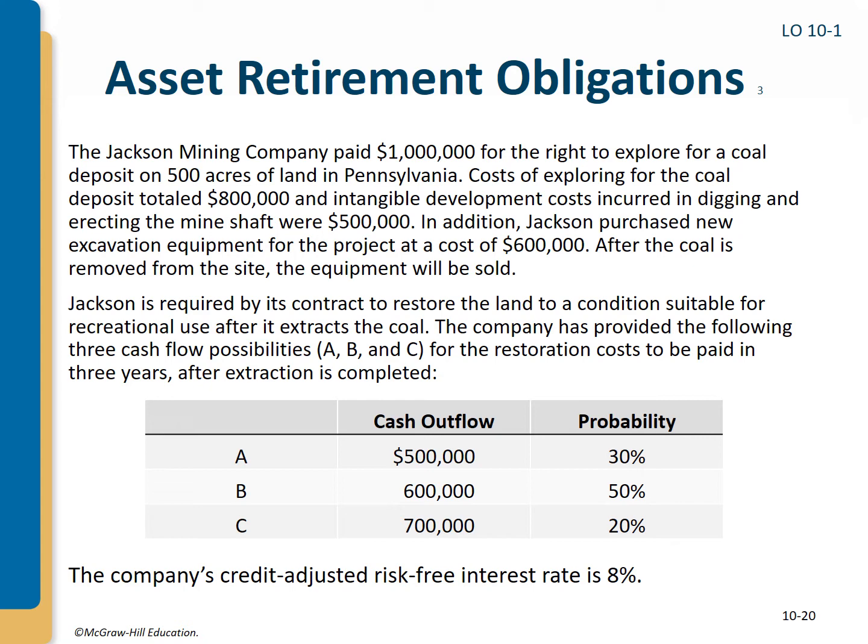The last possibility is a $700,000 cash payment, which would be about a 20% probability. The company's credit-adjusted risk-free interest rate, and that's what we focus on, is 8%. So how do we calculate the obligation?